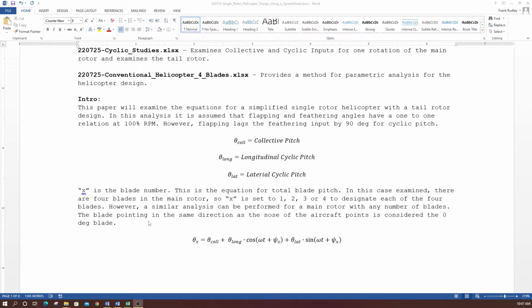I also pointed out that the blade that points in the direction of the nose of the aircraft, as we'll see in the following figure, is considered 0 degrees. It's kind of arbitrary, but we picked that as 0 degrees to make this equation work properly with a four-bladed rotor system.